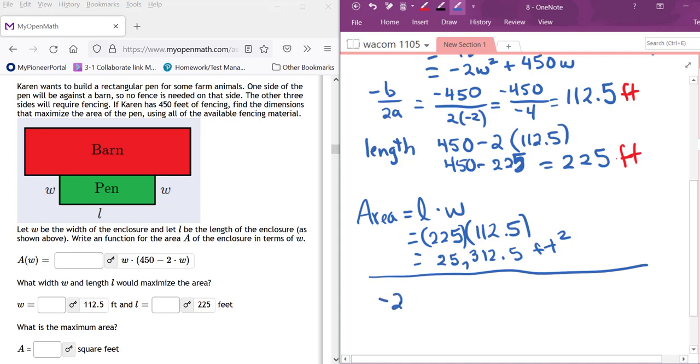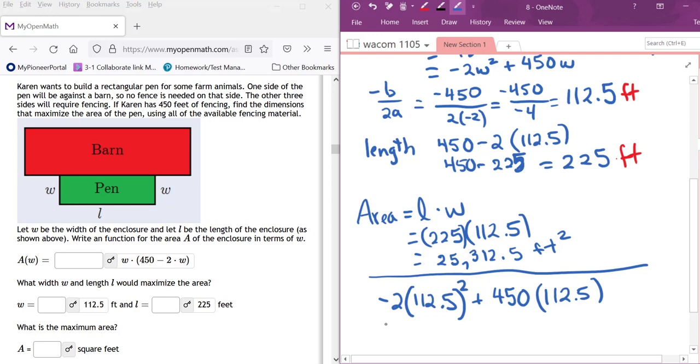So negative 2 times 112.5 squared plus 450 times 112.5. And so we'll do our math, and I did it all in one shot, so you'll have to bear with me here.